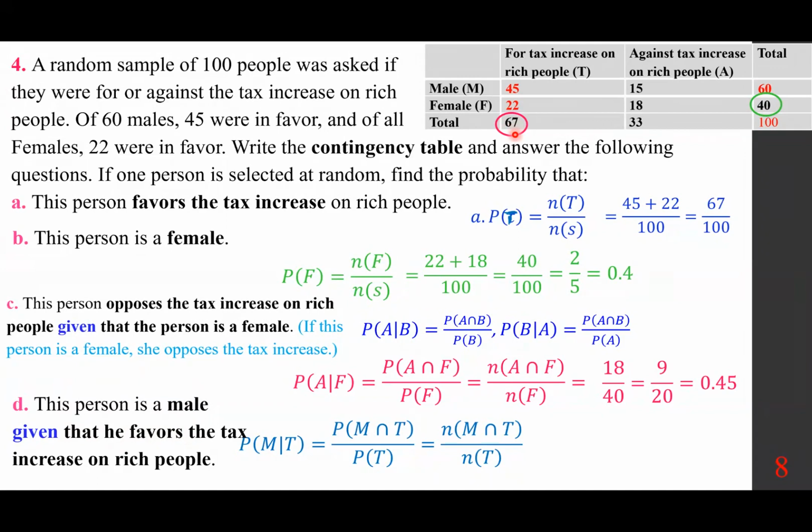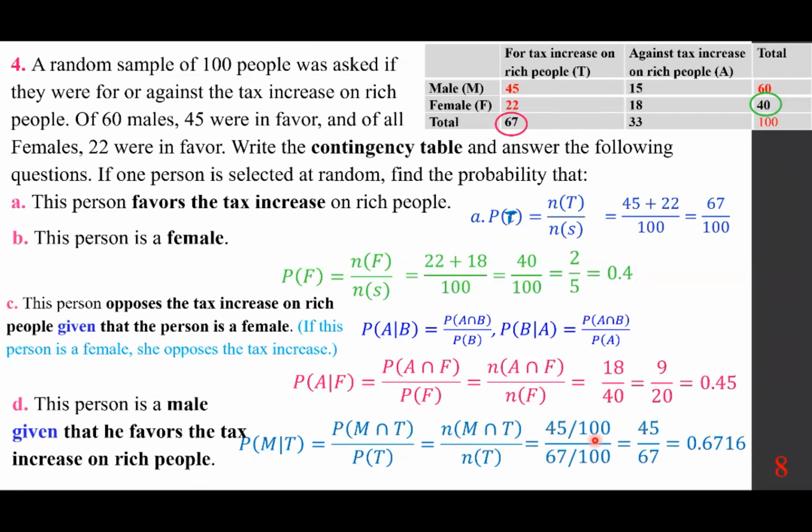Of those 67, so we are just dealing with this group, out of those 67, we are looking for the number of males. And that makes it 45. So 45 over 67. To write this, you can write 45 over 100. This is if you go with the probability. This one is 67 over 100. That is a complex fraction. They cancel each other.